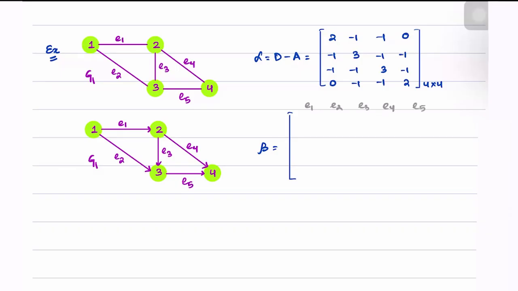E4 and E5. This is 1, 2, 3, and 4. E1 is incident with 1 and 2, and E2 goes from 1 to 3. E3 goes from 2 to 3.